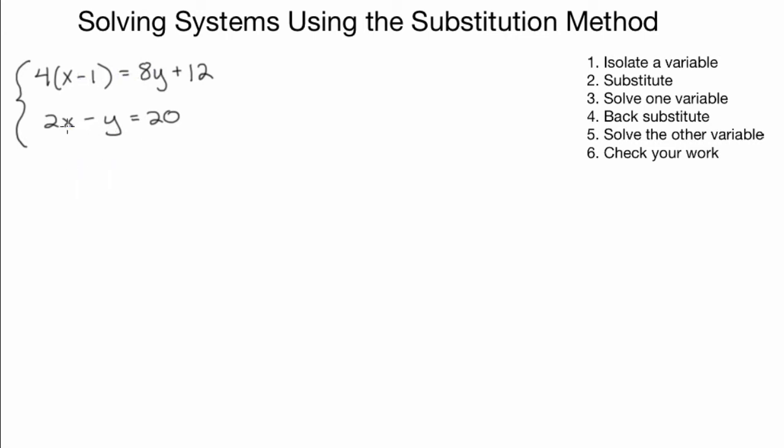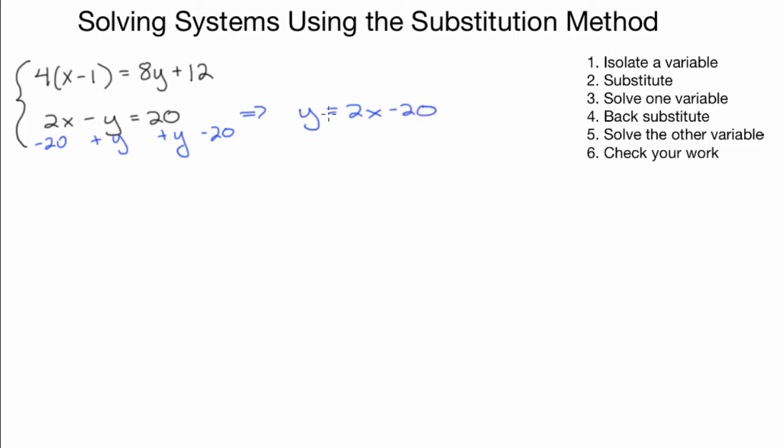However, in the second one, I have a 2x and a minus y. It's not too much of a stretch to add y to both sides, subtract 20 from both sides, and rearrange this whole equation to turn it into y equals 2x minus 20.